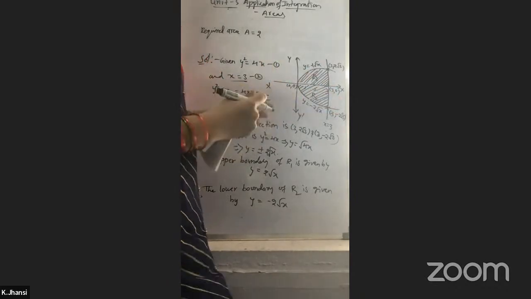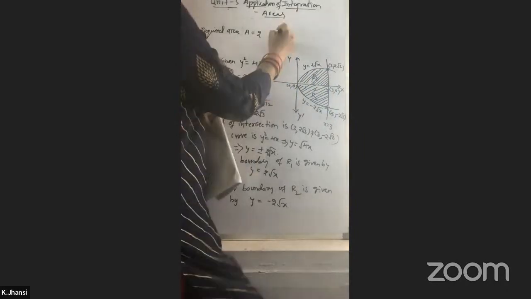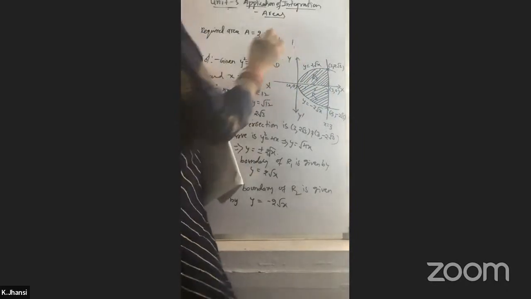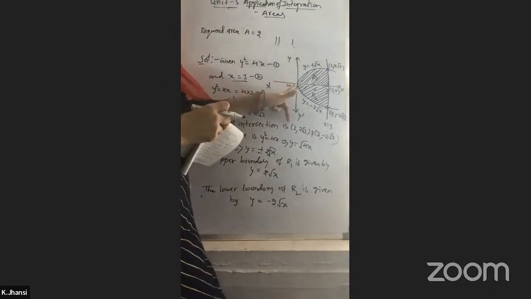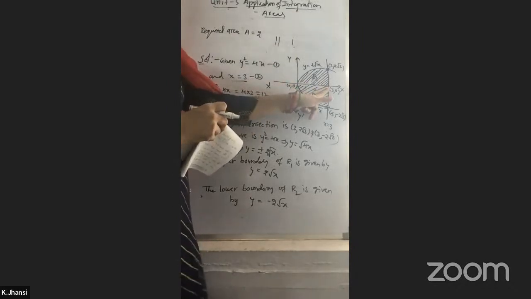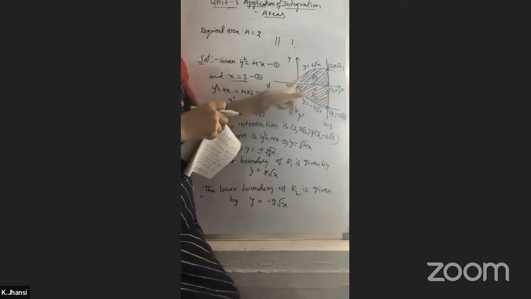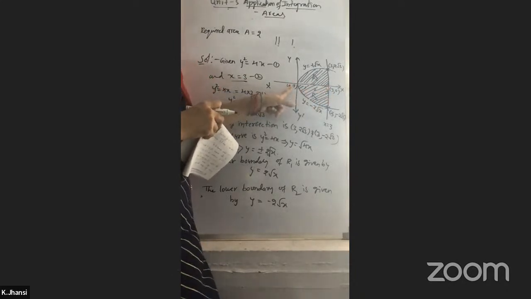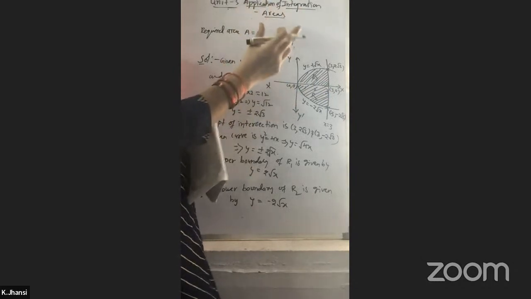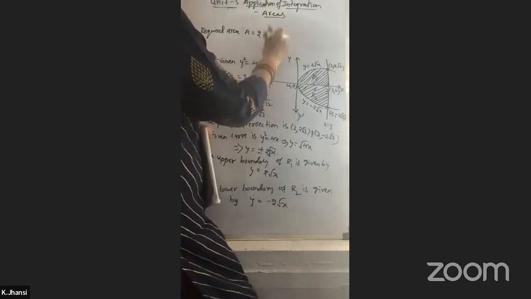From the limits, we have just now seen the diagram. So from where to where are we getting the figure? The figure we are getting from 0 to 3. So the point on the x-axis is 3, and from the origin it is going. So here we have the limit values as from 0 to 3.